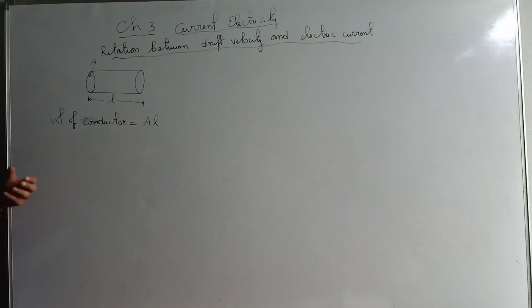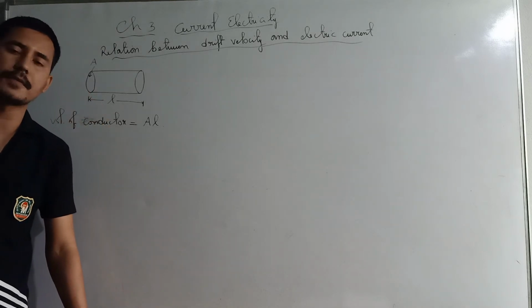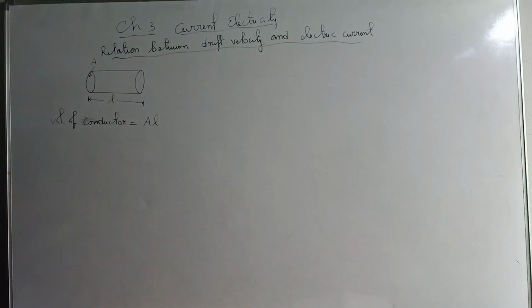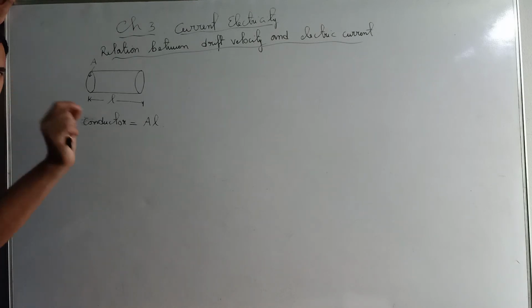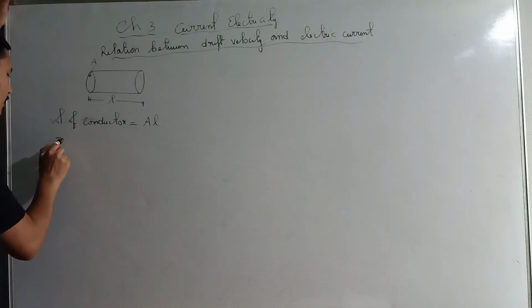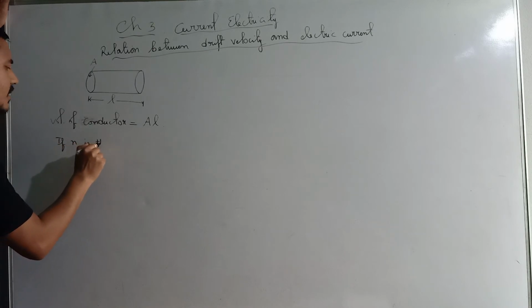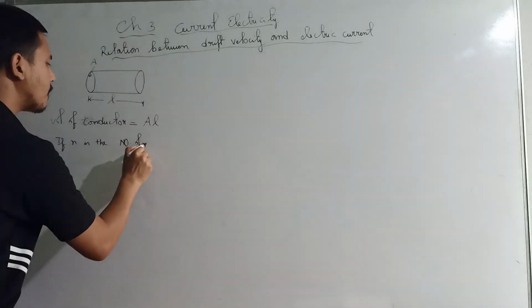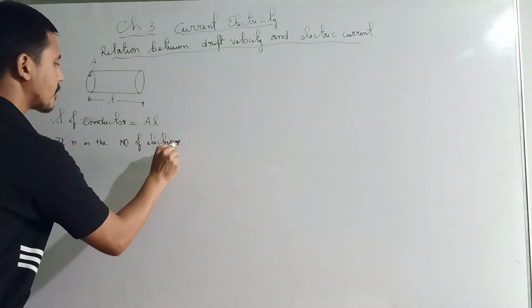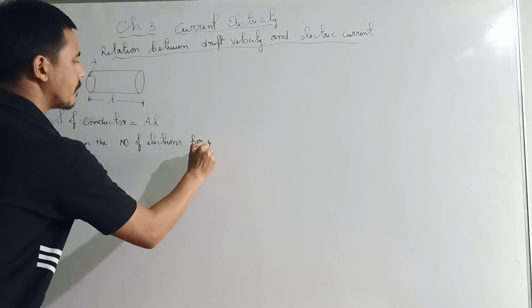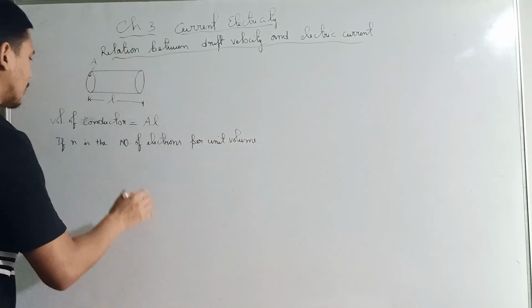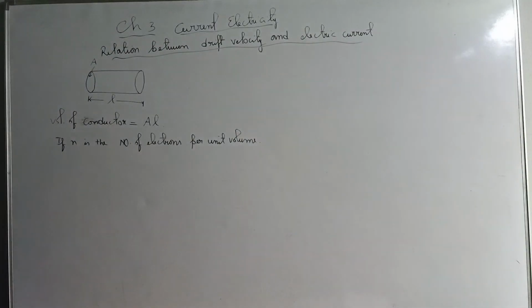Let's say that N is the density of the electrons of the conductor. Density of the electrons means number of electrons per unit volume. That means in 1 unit volume, N number of electrons are present.